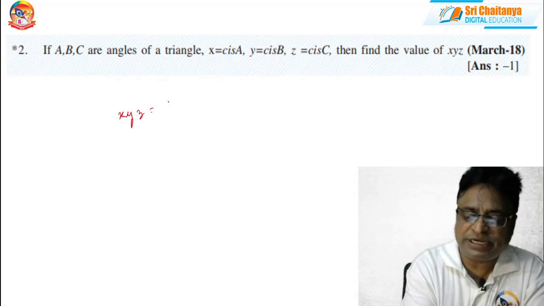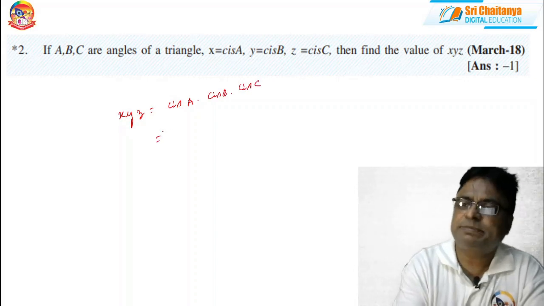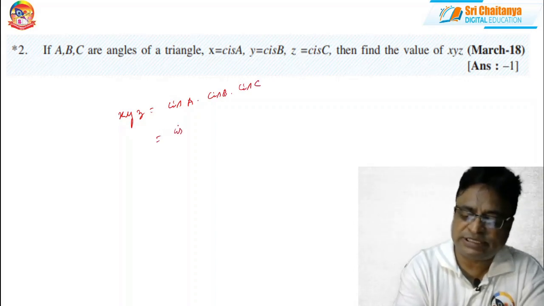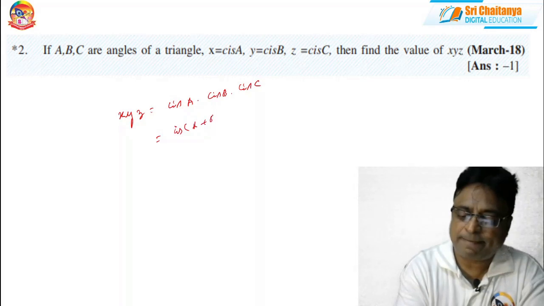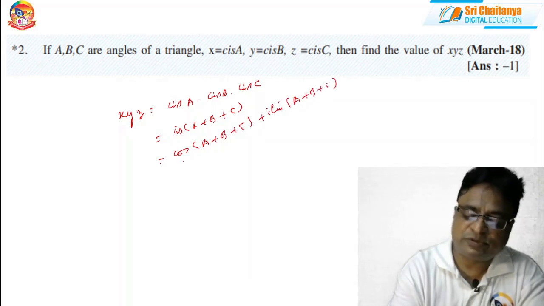So what is XYZ? cis A into cis B into cis C. As per the concept, this is cis of A plus B plus C. What is cis of A plus B plus C? Cos of A plus B plus C plus i sin of A plus B plus C. But A plus B plus C is 180.